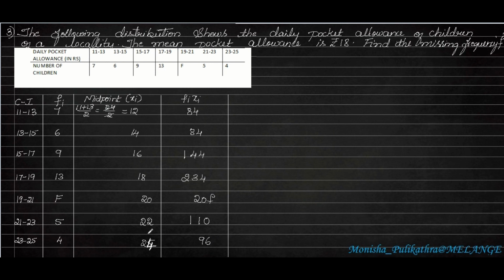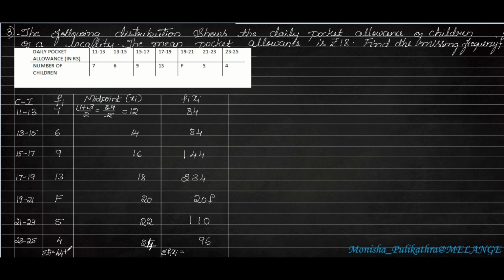Okay, so what we have to add? The overall total of summation fi and the overall total of summation fi xi. Okay, so when we are adding this, we have to leave this f. Instead of f, we have to take the addition of all the other numbers. So when we add it, we will get 44 plus f.